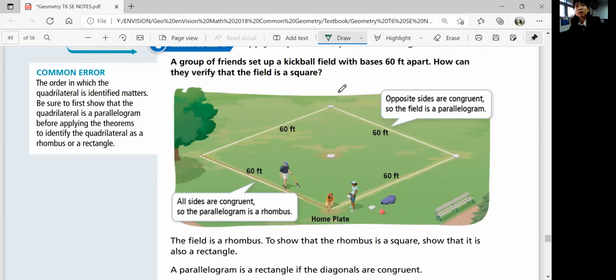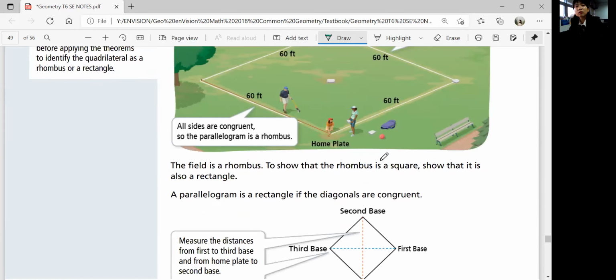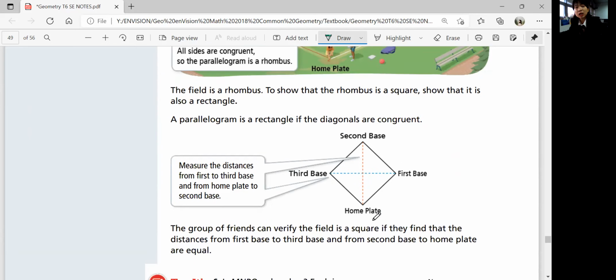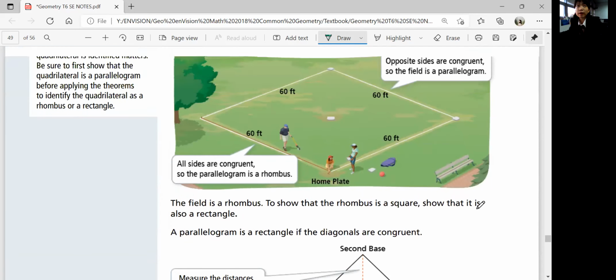So home plate to the second base, and first base to the third base, they're going to form diagonals, right? And if the distances between these bases and the opposite bases are congruent, then it's also a rectangle and it must be a square.